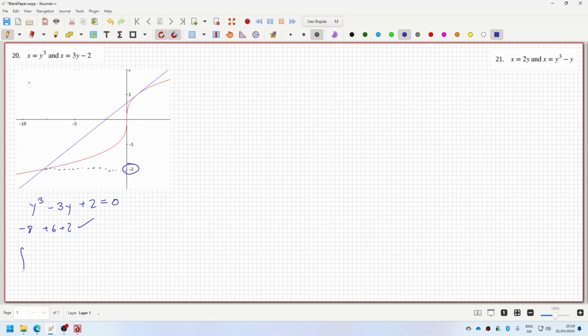So it'd be the integration from minus 2 to 1, the cubic minus the linear. So that would be y to the 4 over 4 minus 3y squared over 2 plus 2y.